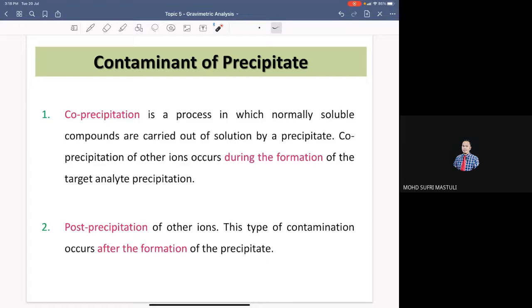This type of contamination, post-precipitation, occurs after the formation of the precipitate. In co-precipitation, the precipitation of the other ion occurs during the formation, but in post-precipitation, the precipitation of other ions occurs after the formation of the precipitate.